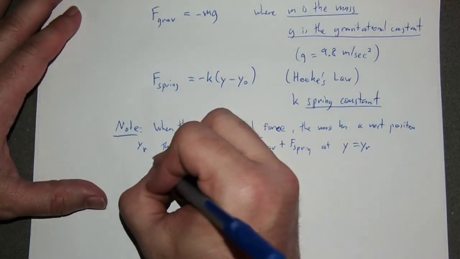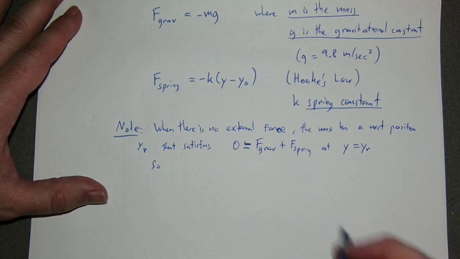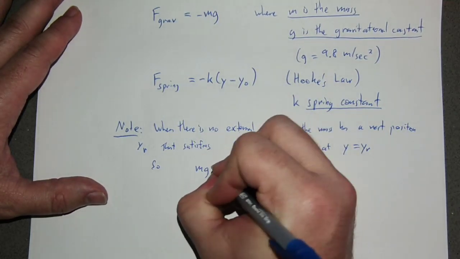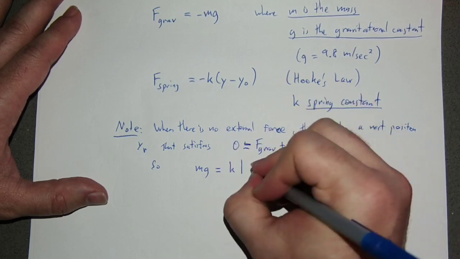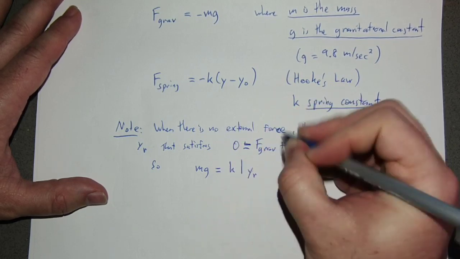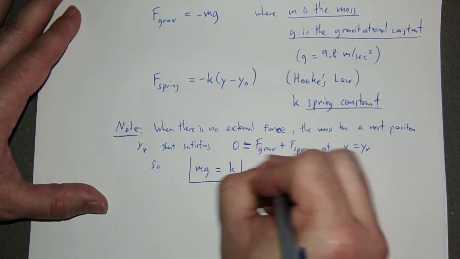So, using this fact and these two relations, what this means is that mg is equal to k times the absolute value of y sub r minus y naught. This is the thing to remember.